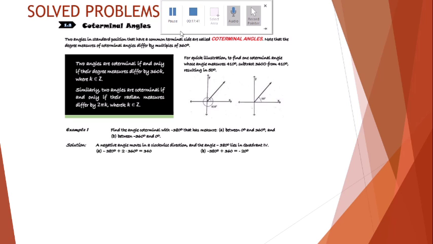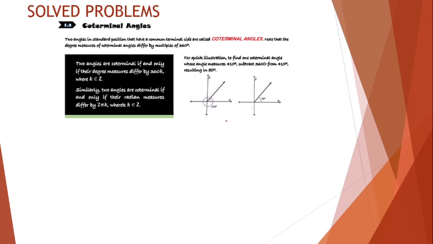By the way, meron tayong nakalimutan dito. Sabi rito 360 degrees pala, hindi 3,600. Ngayon, ilang beses ninyo po siya isusubtract sa 360 para mag-result ng 50? Isang beses lang.